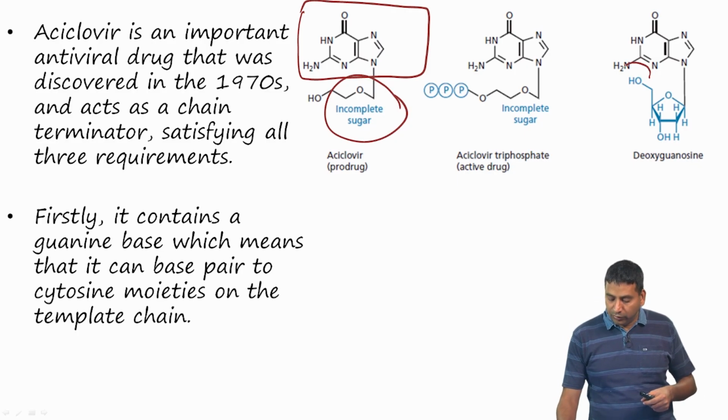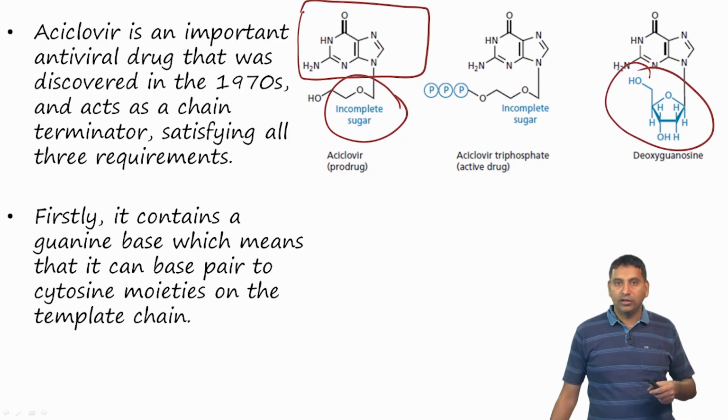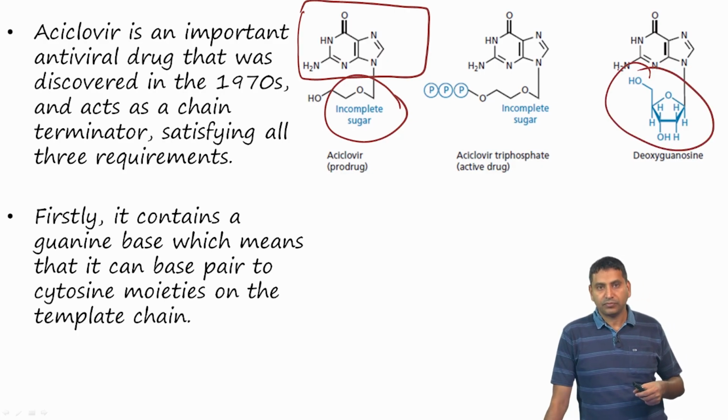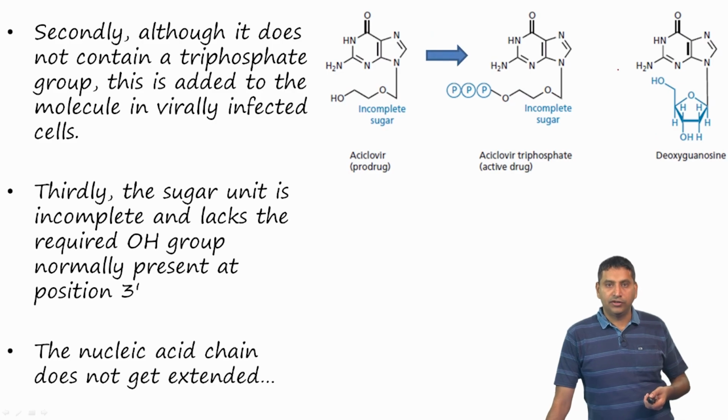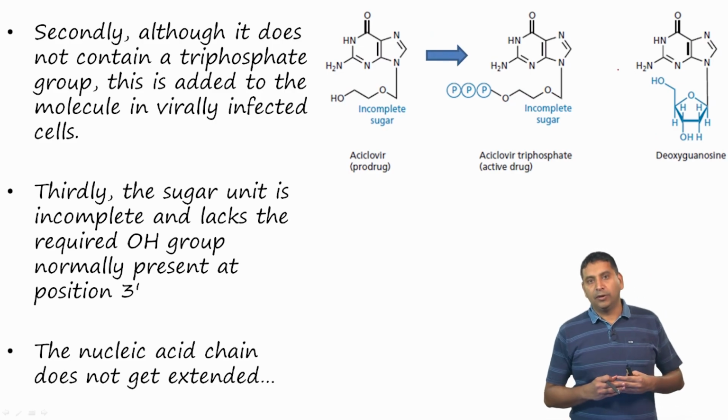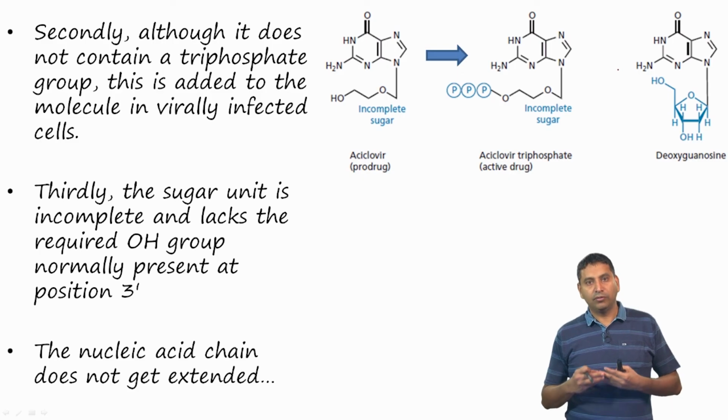So, keep in mind we are looking at a mimic of deoxyguanosine, which is shown here. Therefore, the guanine base to which it has to base pair is present, and the cytosine is the complementary base pair there, and once it recognizes it, it then sits in the correct place for the subsequent reaction to occur.